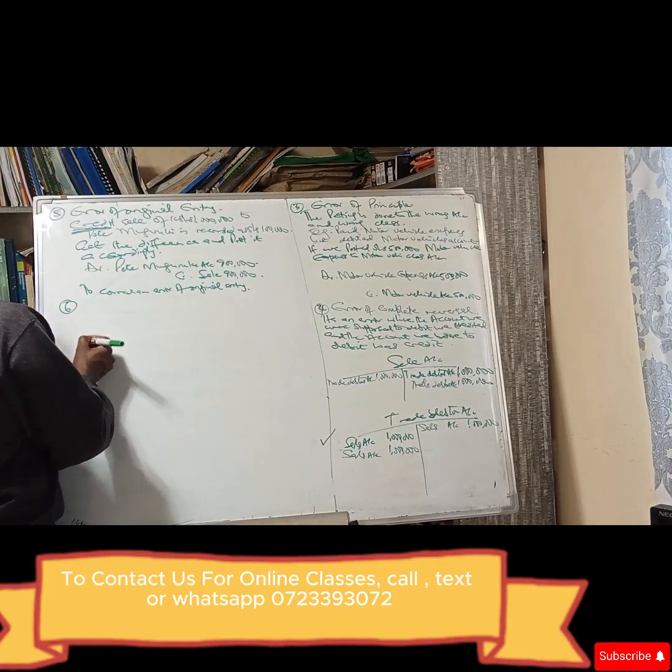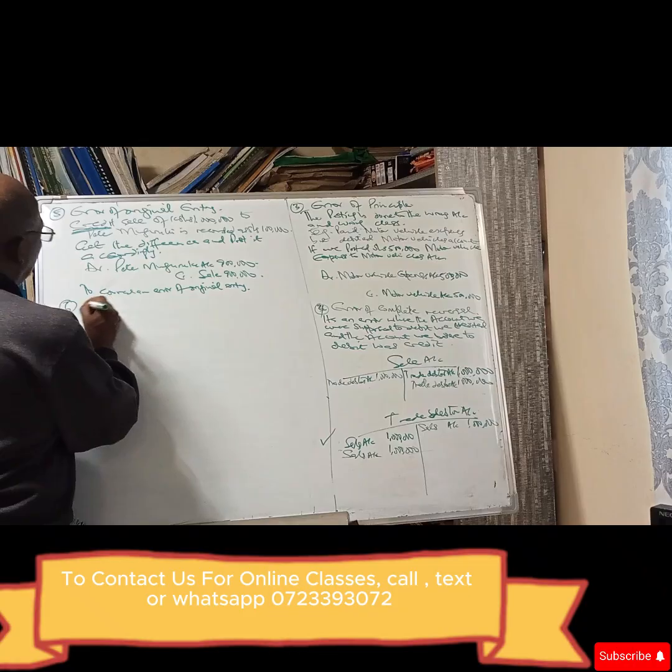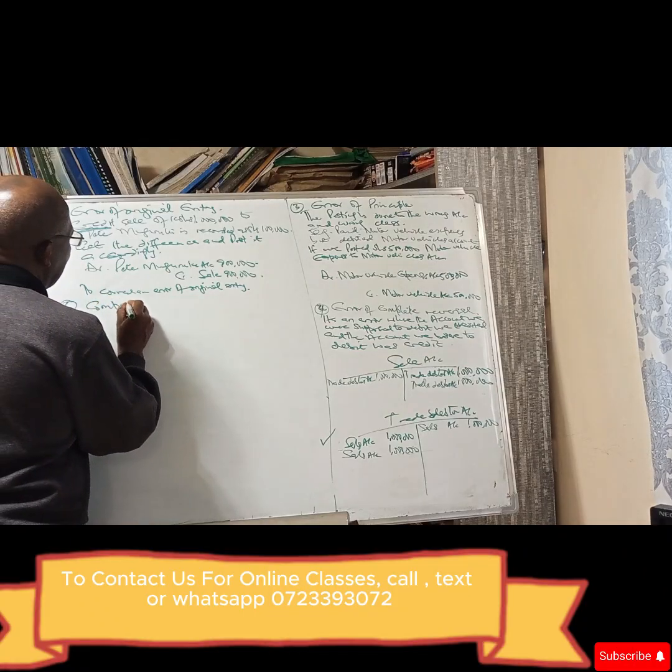Number 6 is the error called compensating error.